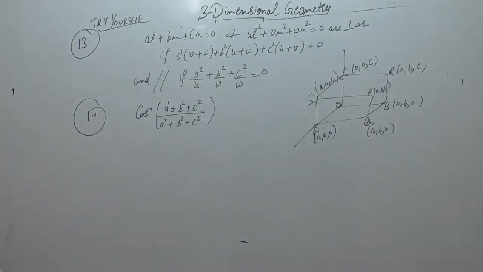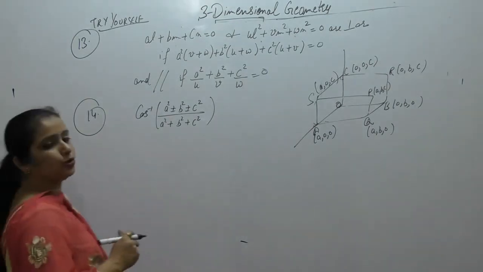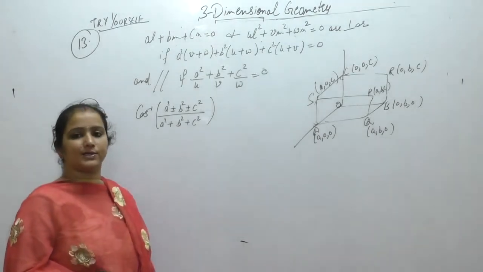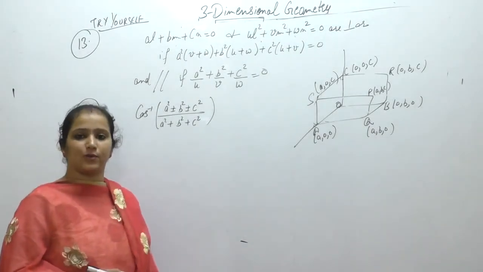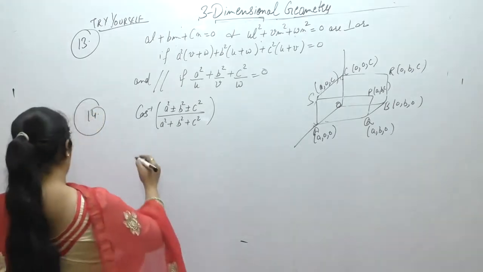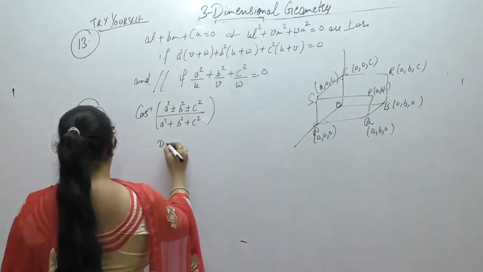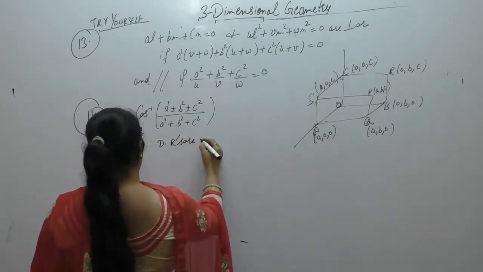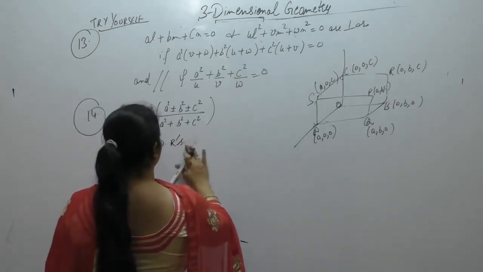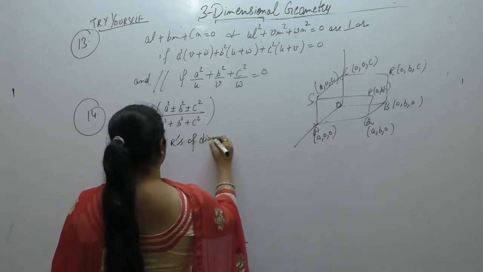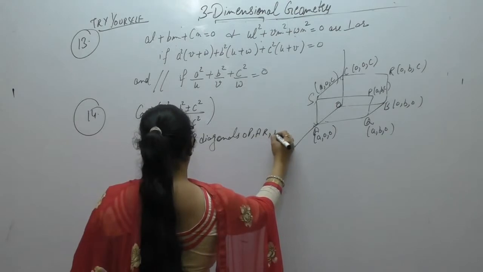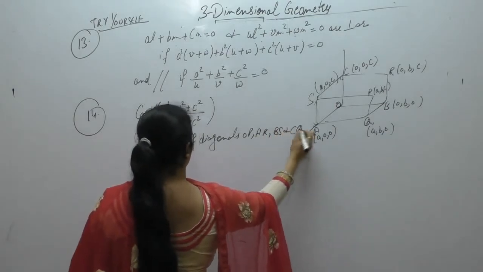Since the direction ratios of the line segment joining two points (x1, y1, z1) and (x2, y2, z2) are x2 minus x1, y2 minus y1 and z2 minus z1, therefore the direction ratios are proportional to the direction ratios of the diagonals OP, AR, BS and CQ.